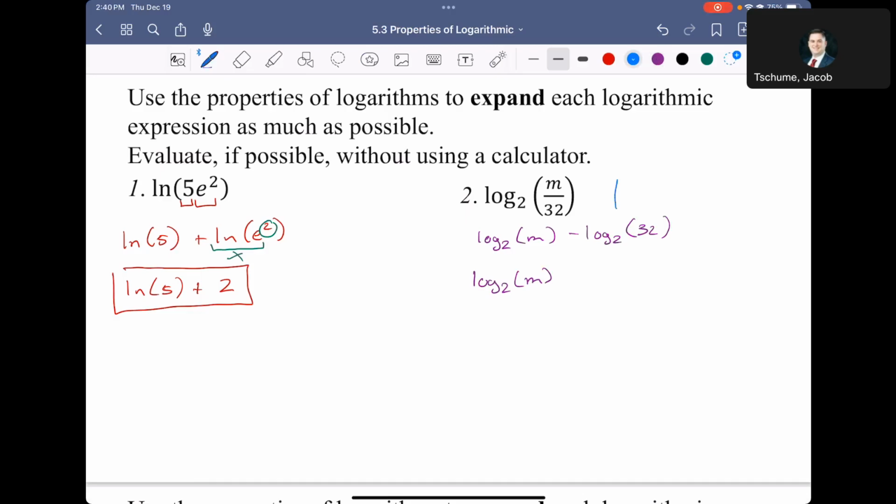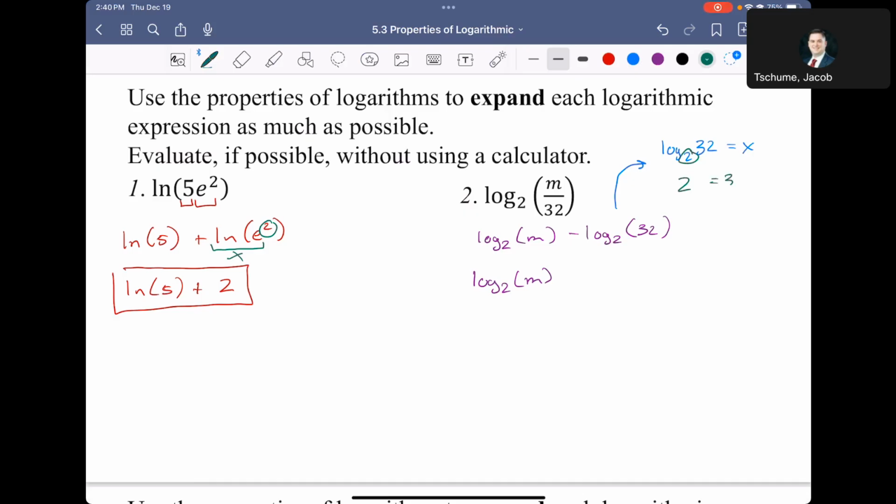But log base 2 of 32 is something that we talked about in the last video, so let's remind ourselves how we did that. When we had a log base 2 of a number, we would set this equal to x and rewrite this as an exponential equation, where you take the base, which is 2, and you have to flip-flop the two values.